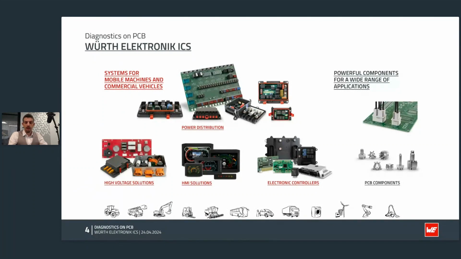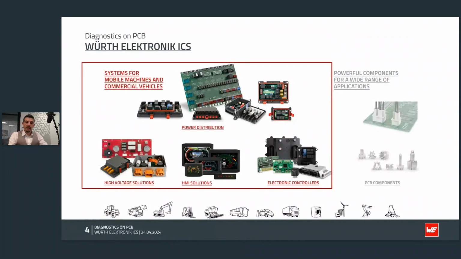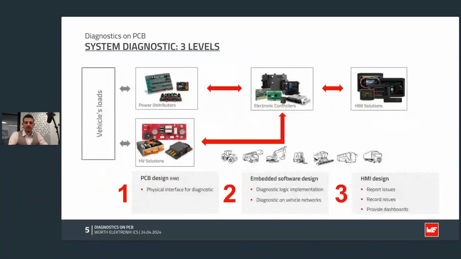When we speak about diagnostic on PCB, there is, of course, a PCB involved, which means we are really addressing our core business, the electrical central unit. The distribution of power in your vehicle, and here we have a solution from the data acquisition till the user information. But what do we understand about the diagnostic of a system?